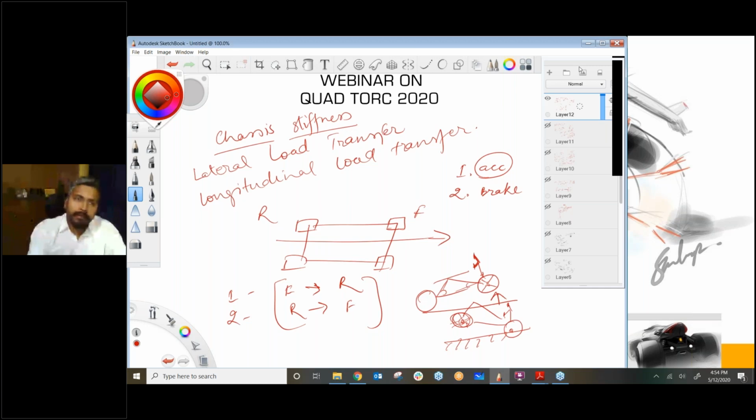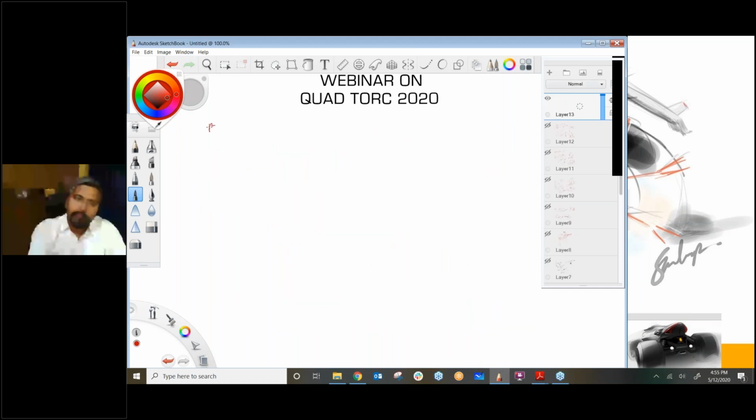If you do not provide a cross member, let me first draw its front view. It will be something like this. So this is going on till here. Okay, I'll open up a drawing for you so that you understand easily.